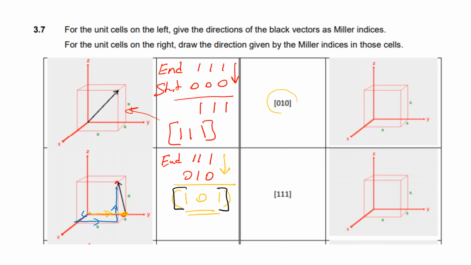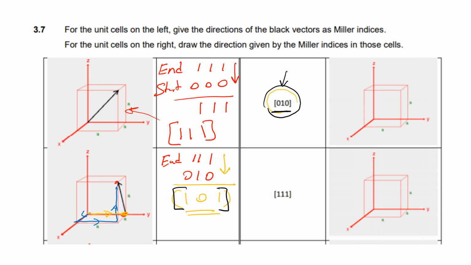So how do we draw this? First thing, when this one is given, you know this is a direction. How do you know this is a direction? Because it's square brackets. So you have 0, 1, 0. When the Miller index is given for a direction, you start from the origin. You consider this as your end point.